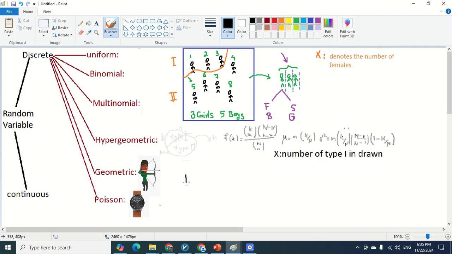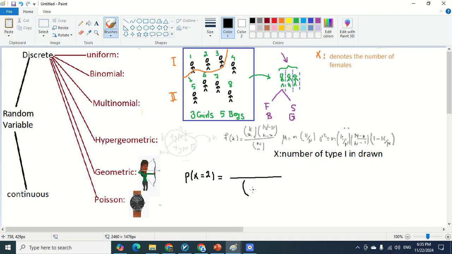For instance, if I want to have 2 students from the girls population, so X is equal to 2, to calculate that one we should use the formula for the hypergeometric distribution.